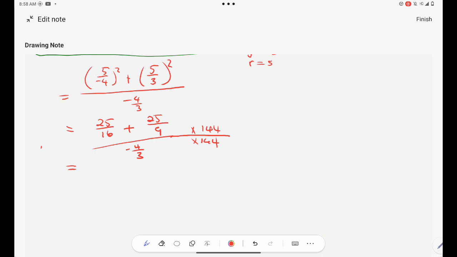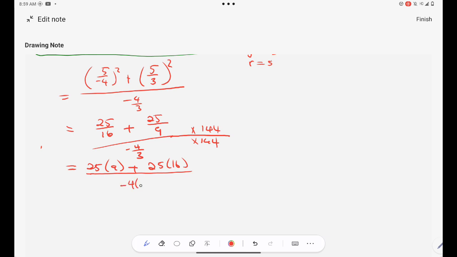Whenever I multiply 25 over 16 by 144, I'll get 25 times 9, plus this will give me 25 times 16, all over 144 divided by 3. What can I get? Isn't it 48? I think it's 48.